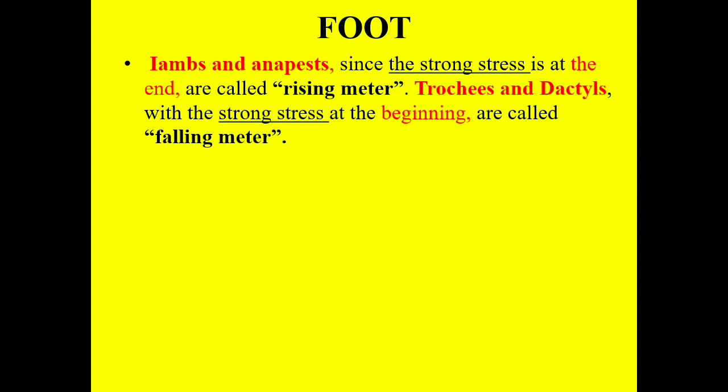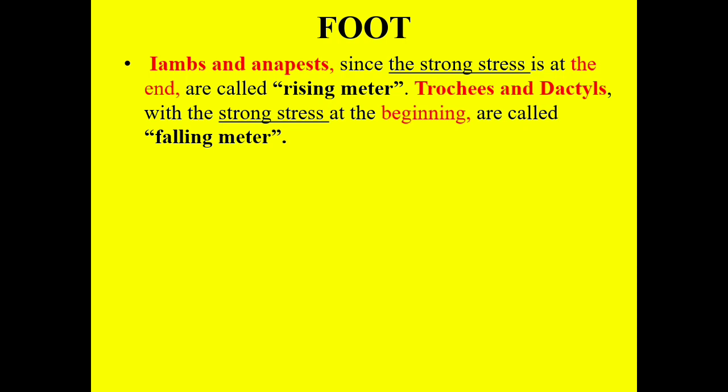Iambs and anapaests have the strong stress at the end. They are the feet whose last syllable ends with strong stress, meaning stressed, and a line of them is called rising meter.